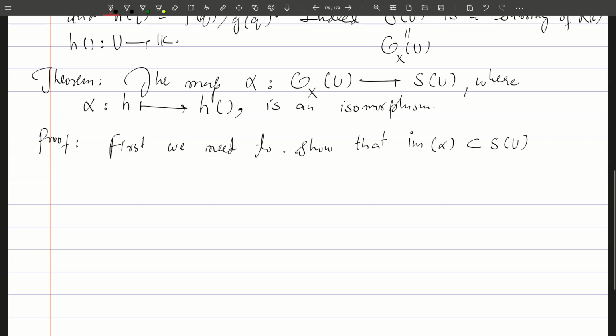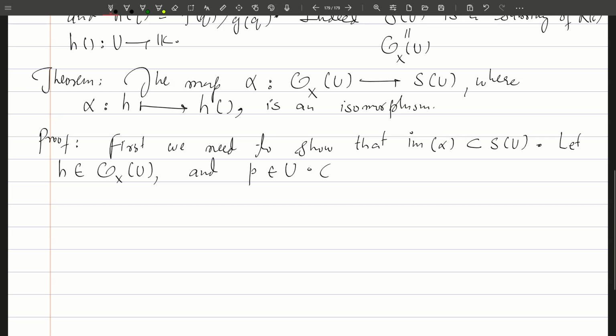So for this, let us take some element in this ring, the ring of regular functions on U. So let h be a regular function over U. Let us pick some point in U. So this p is some arbitrary point.